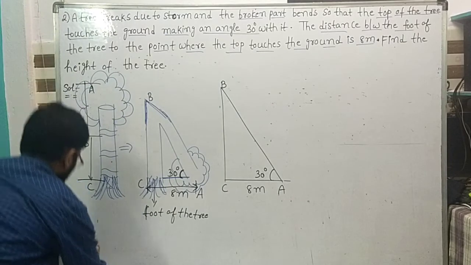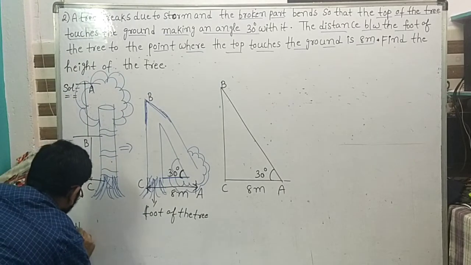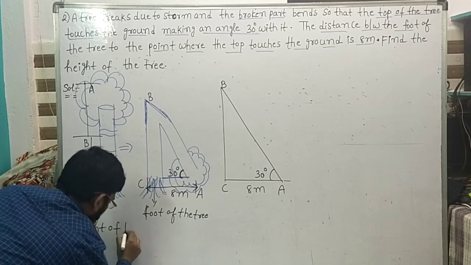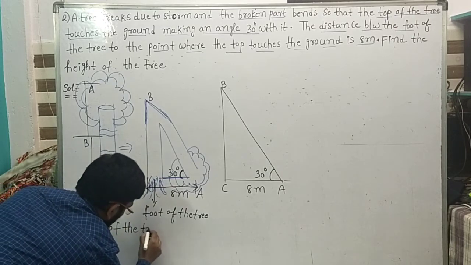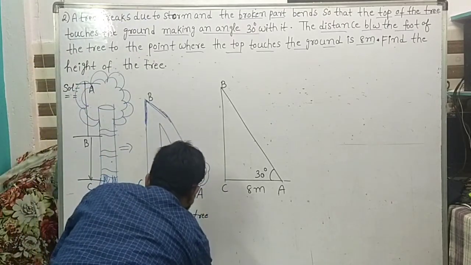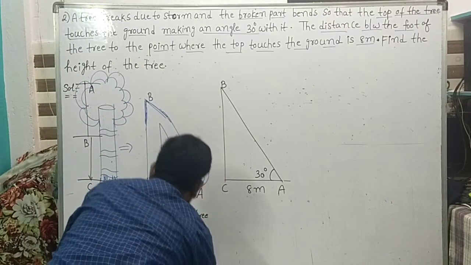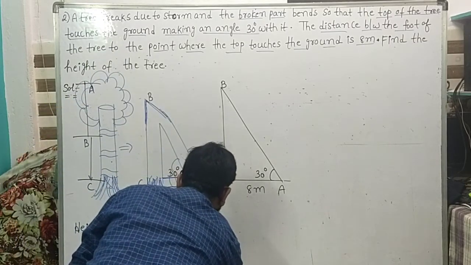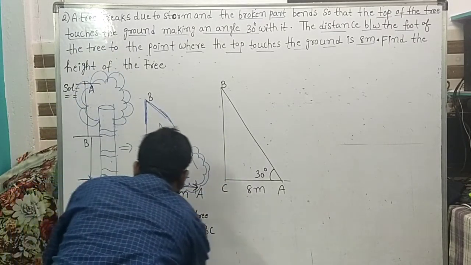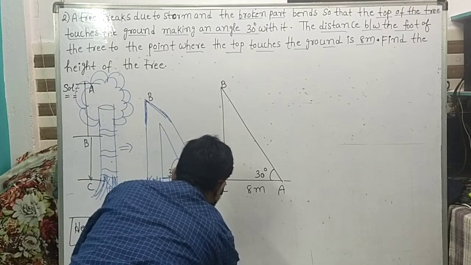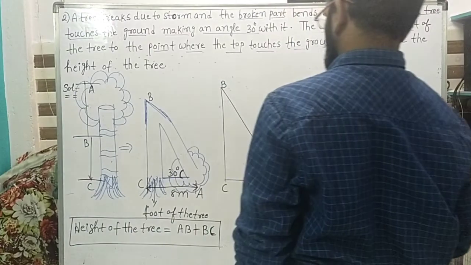Now we need to find the height of the tree. Height of the tree equals AB plus BC. So we need to find AB plus BC, then we will get the height of the tree.